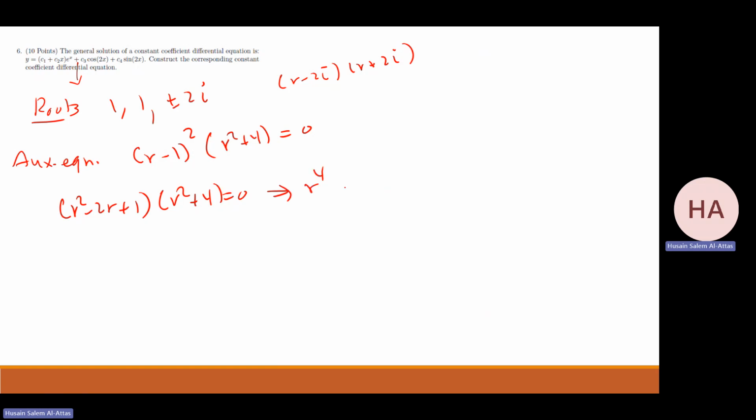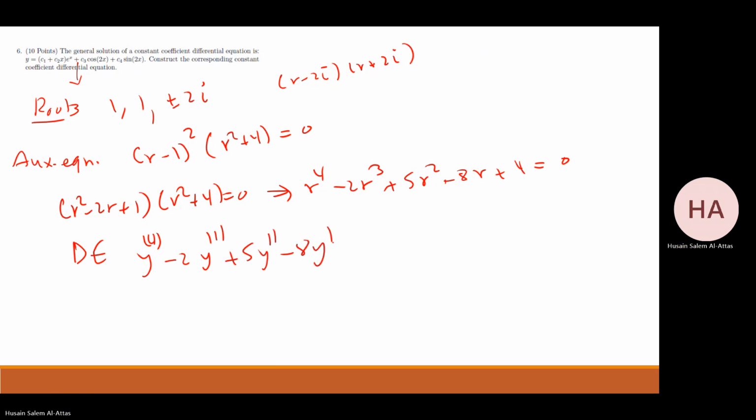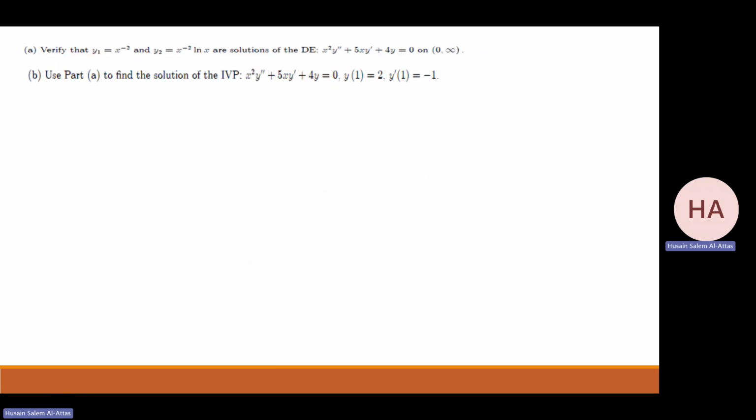So you have r to the power 4 minus 2r cubed plus 5r squared minus 8r plus 4 equals 0. So it will be my differential equation. The fourth derivative of y minus 2 third derivative plus 5 second derivative minus 8 first derivative plus 4y equals 0. That will be the differential equation.